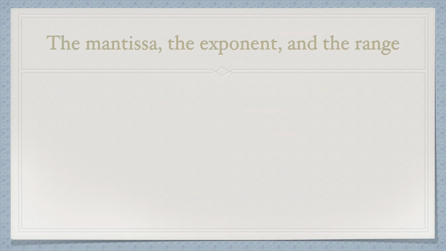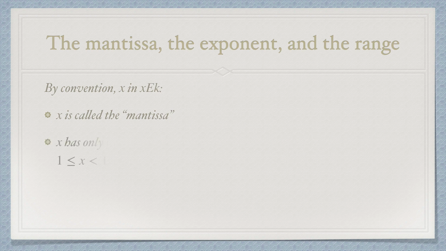But the exponential notation tells us much about the range of the real number it represents. By convention, x in xek is called the mantissa, and it has only one non-zero digit before the decimal point, so that x is between 1 and 10, 10 excluded.